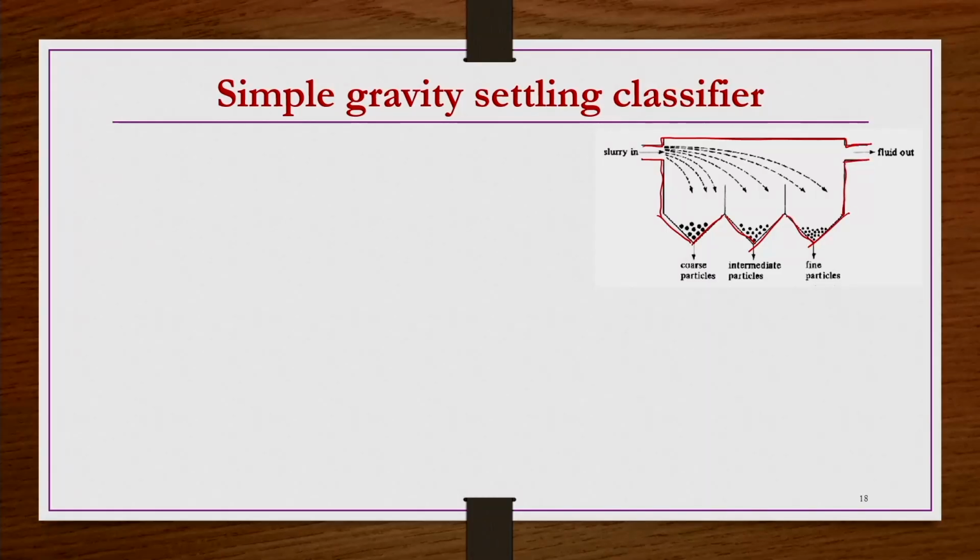The slurry containing the particles comes in on the left-hand side at a certain velocity, with particles of different size distribution. The larger particles have a higher settling velocity, so they will settle towards the entrance wall as coarse particles.